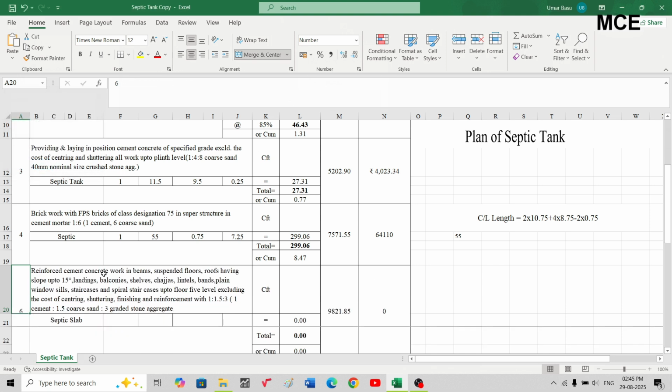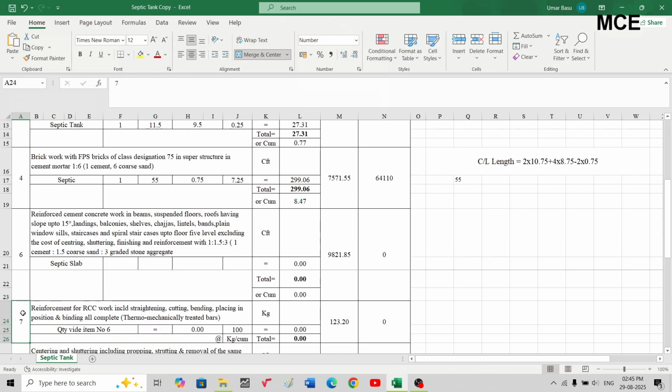If we have to make estimation for the brickwork for a house, then the separate item, extra for brickwork above the plinth level, is to be provided, but here no extra brickwork will be provided.